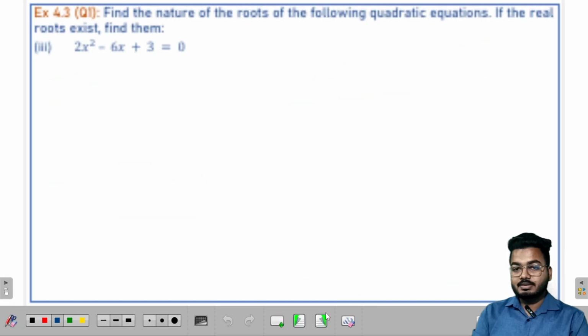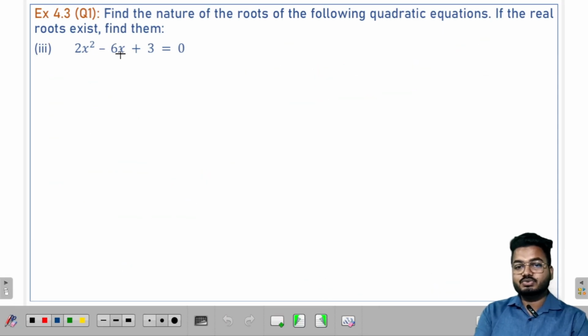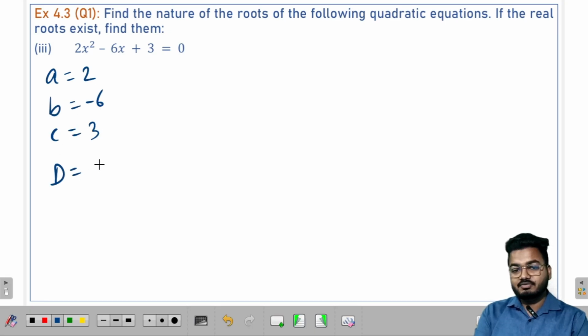So that's it. Now the next question is 2x square minus 6x plus 3 is equal to 0. The value of a is 2, b is minus 6 and c is 3. If we find the value of d, I'll get b square minus 4ac. What is the value of b here?